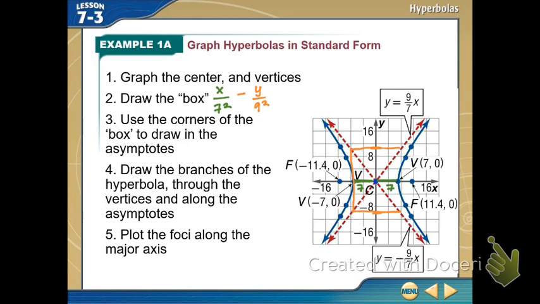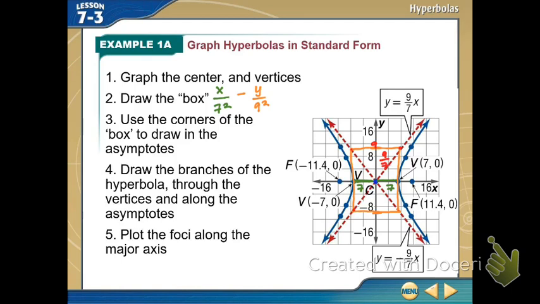And when you draw this box, you'll find that the asymptotes will go right through the corners of the box. So notice that the asymptotes go right through the corners of the box. And because this is 9 up here, the slope of this asymptote is rise over run. The slope of this is 9 over 7.